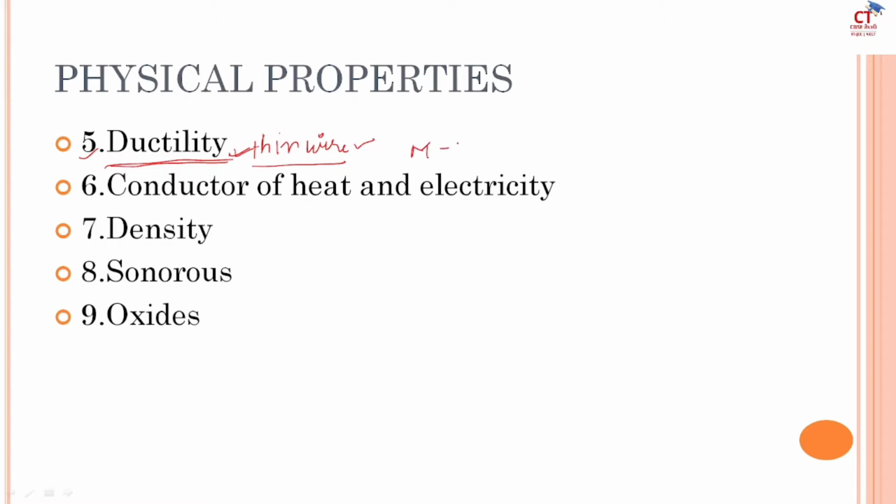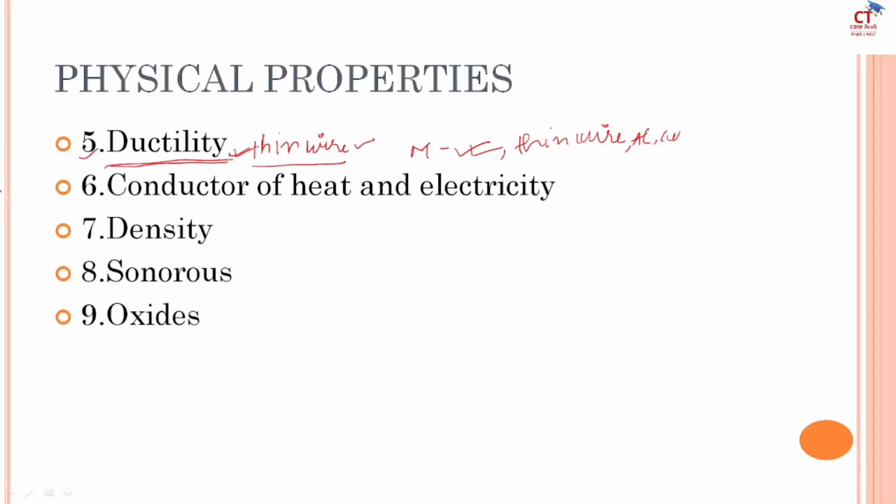Yes, metals are ductile. That is, they can be drawn into thin wire. What are the examples? Examples of this are copper and aluminium.